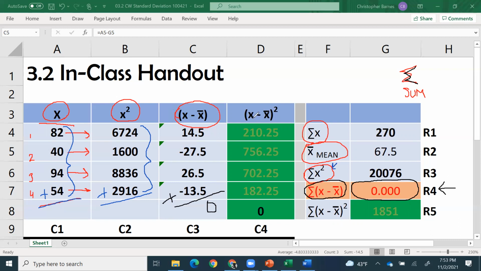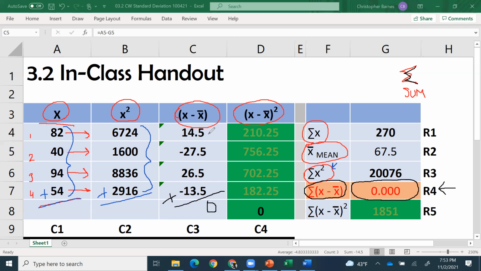Now, also to understand this standard deviation, we want to understand this notation right here. So what are we saying here? If you remember from algebra from high school or middle school, they might tell you that you always work within the parentheses first. So we're going to get x minus x bar. When we get that value, we're going to square it.